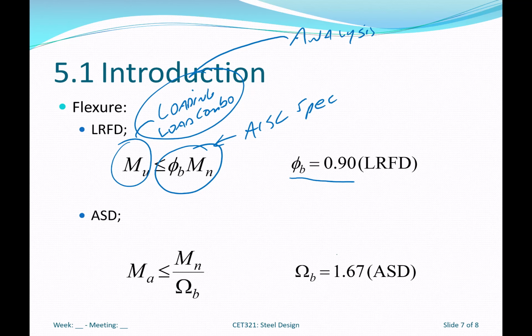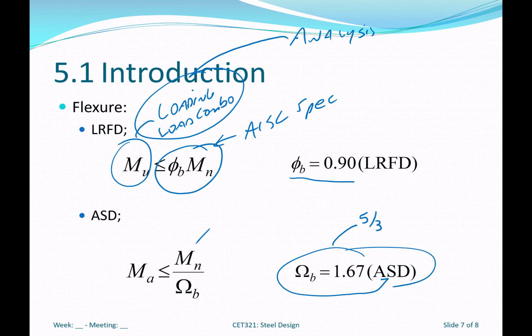You can see that our safety factor for ASD is the same, still 1.67, which is also 5/3. Okay, so either our factored maximum moment has to be less than phi M sub n, or our maximum applied moment has to be less than M sub n divided by omega. Okay, so that's going to be flexure.